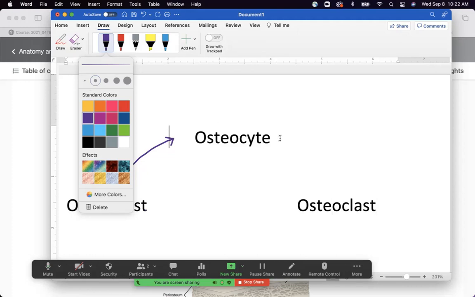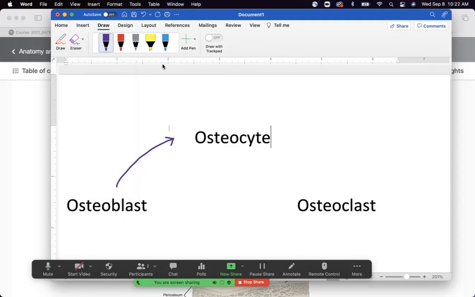Okay. So when the bone gets damaged or gets old, the osteoclasts go in, clash, and break them down. And then signal more osteoblasts to be created so I can get more osteocytes.